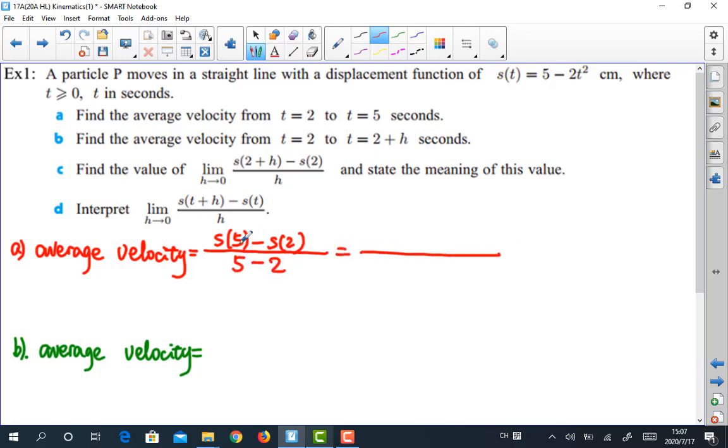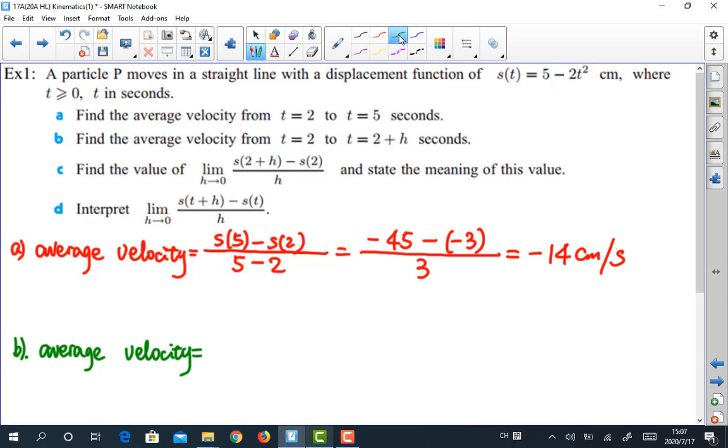So s of 5, you plug in to find this value. This one should be negative 45, minus s of 2. Plug 2 into this s of t function for t, so we can find a negative 3. Divided by 3. So the average velocity is negative 14 centimeters per second.